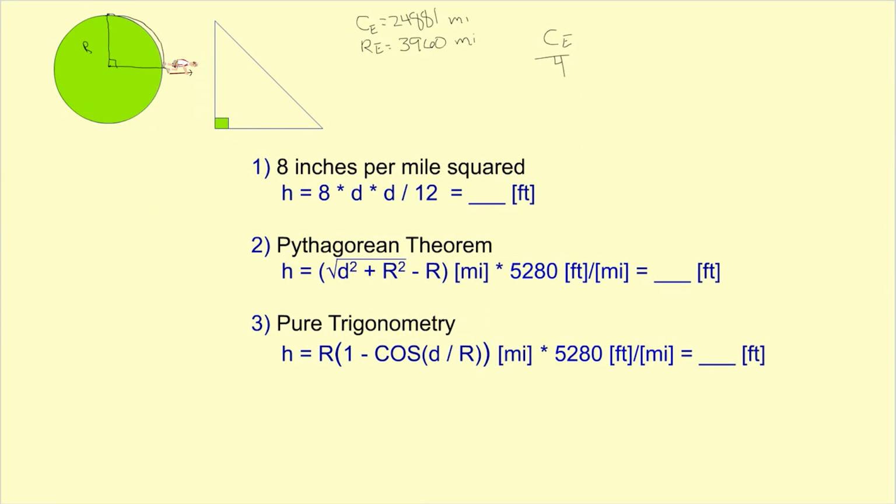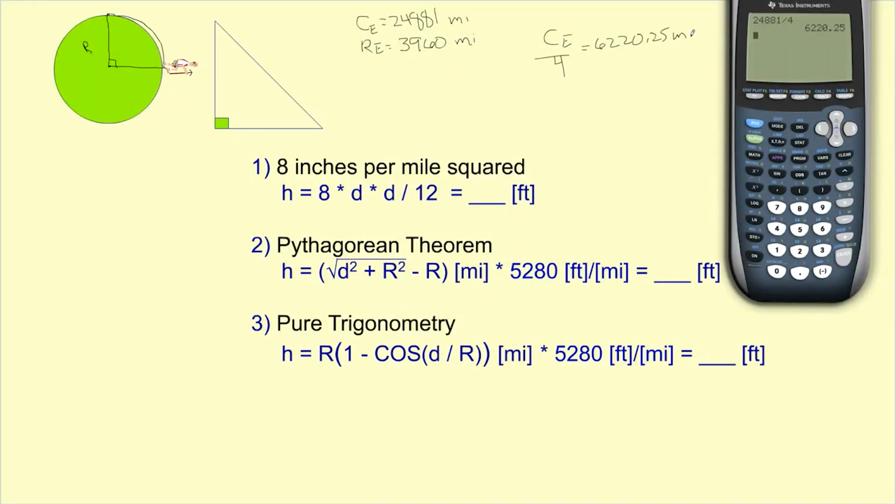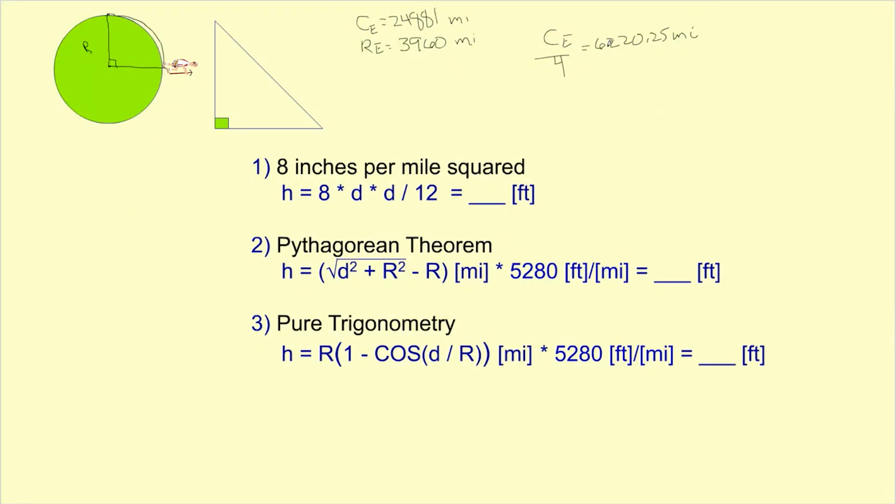It's going 1/4 of the way around. 24881 divided by 4 is equal to 6220.25 miles. That's the distance we have to travel. Well, that's the distance this guy has to travel.